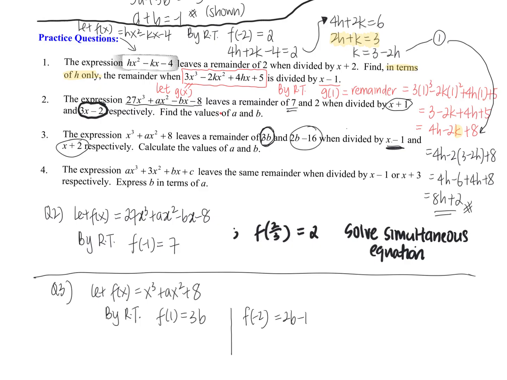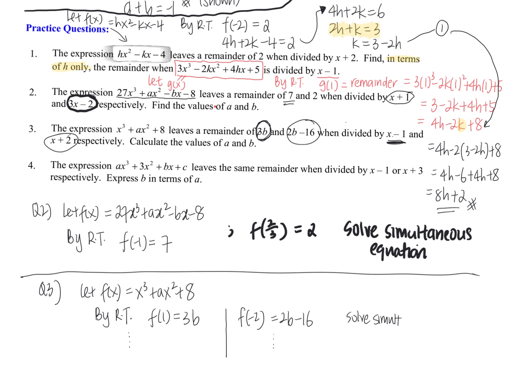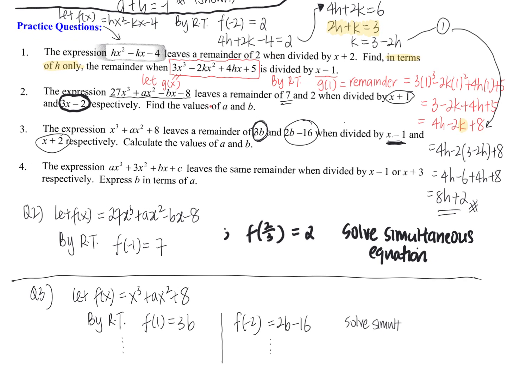So again, you form 2 simultaneous equations, then you solve. So you go and form and solve. I'm telling you the steps, but you work out the algebra yourself.